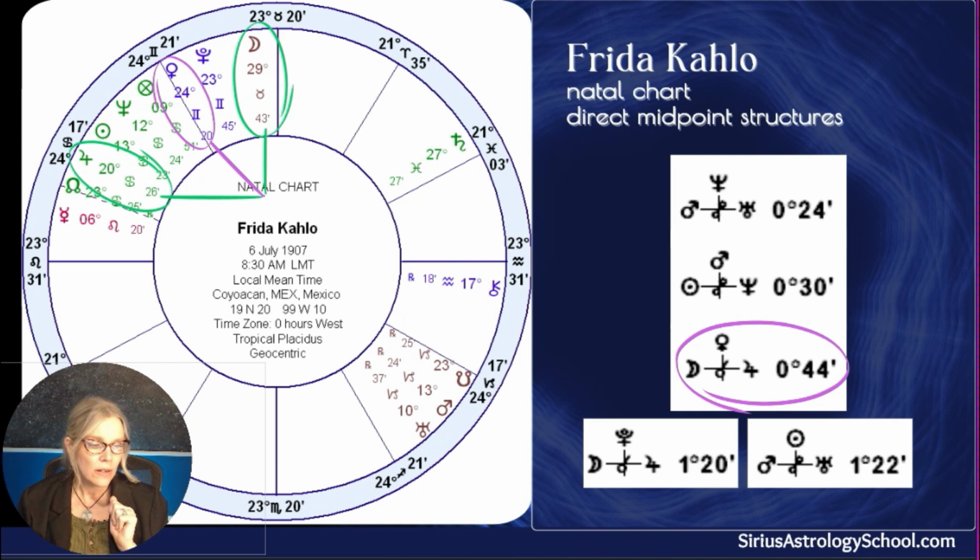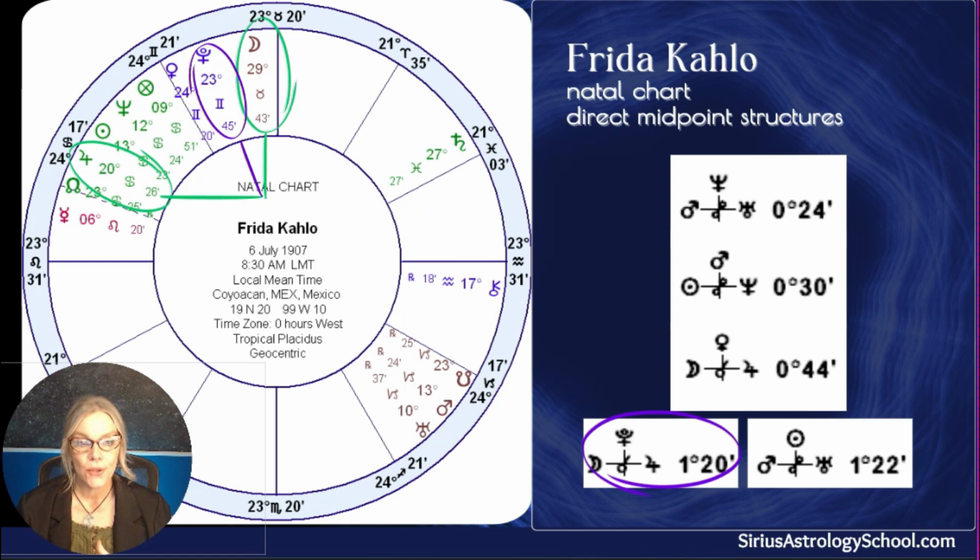And in our research, we have found that when two planets, or three planets for this matter, have the same angle as each other, that's powerful. And that's what creates a midpoint structure. So these angles are almost exact. They're 44 minutes from being exact, but these angles are important to Frida.